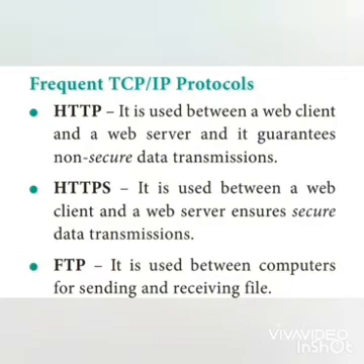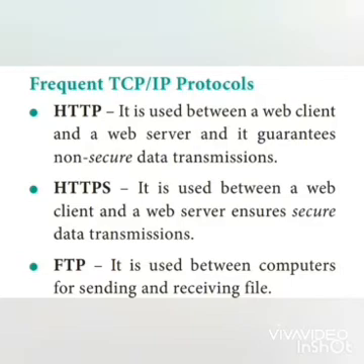So HTTP is a hypertext transfer protocol. It is used between a web client and a web server and it guarantees non-secure data transmission. Here there is no guarantee for the data transmission, whether the receiver receives the data or not. HTTPS is used between a web client and a web server, and ensures secure data transmission.